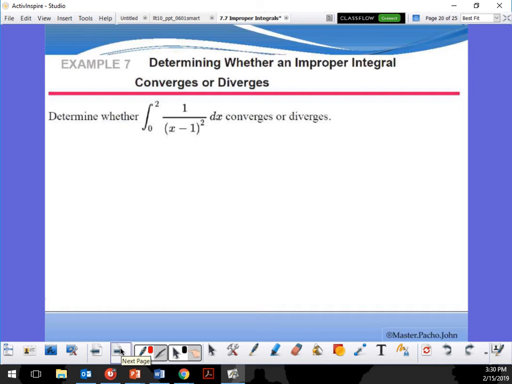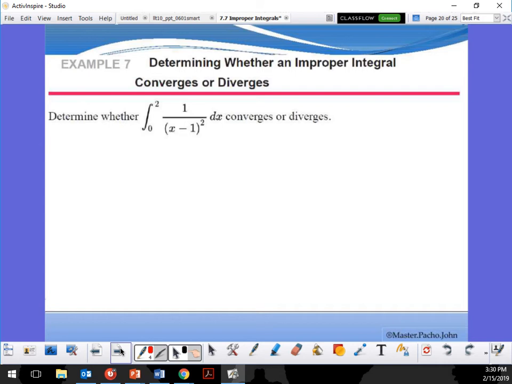I'm hearing we want to break our integrand up into 0 to 1, 1 to 2, okay? I want to break it up into two separate integrals because our problem occurs when x equals what? 1. We're going to have something that's undefined.